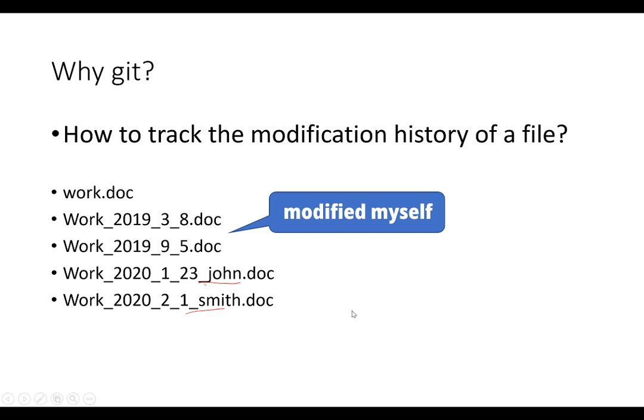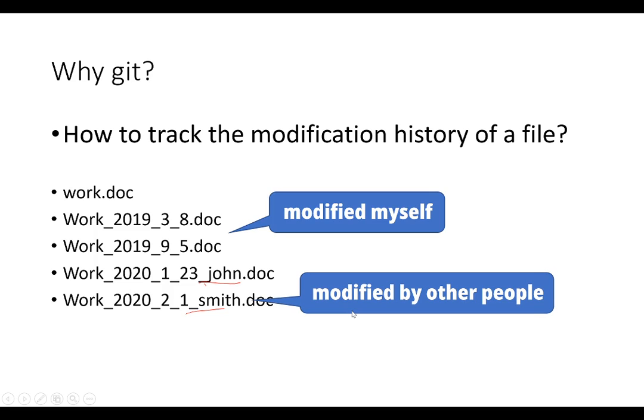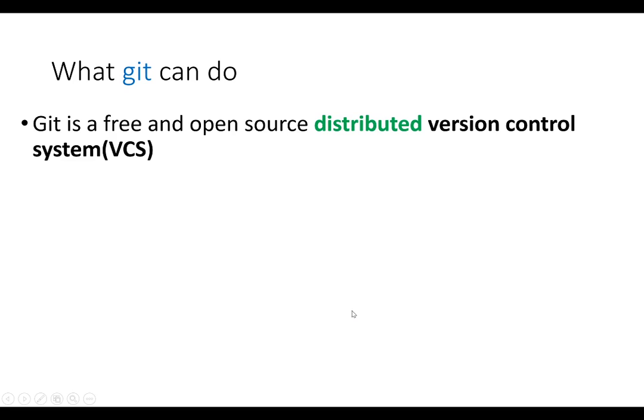If you work on a project, there may be many files, and each file may be modified several times. How to check all these modification histories of all the files of a project? We need a software tool.